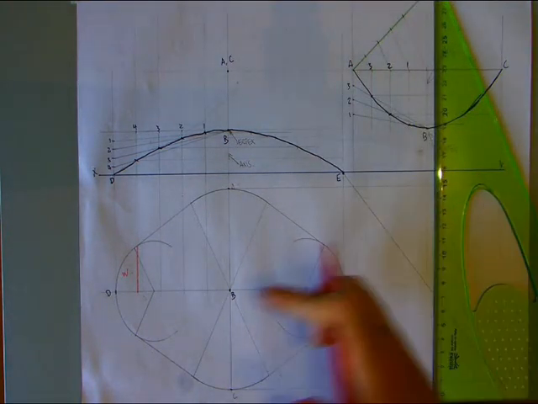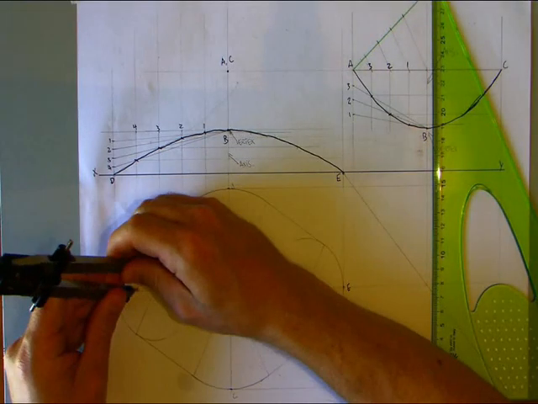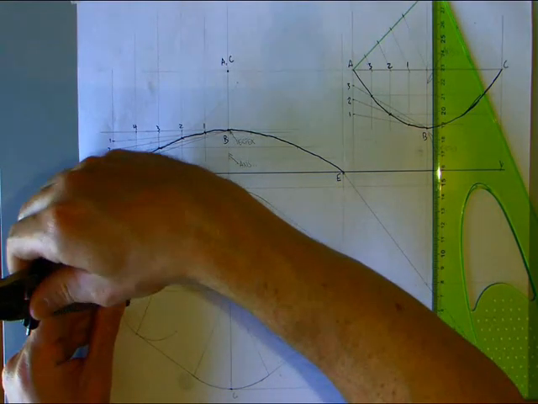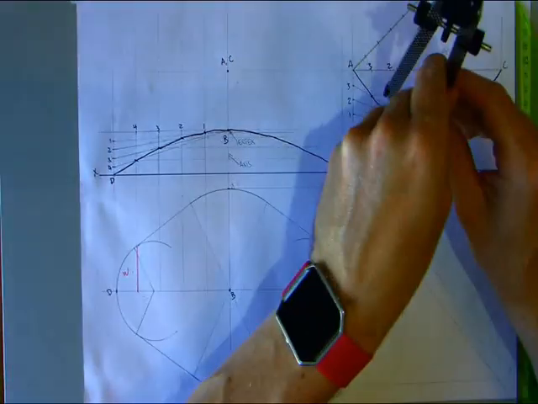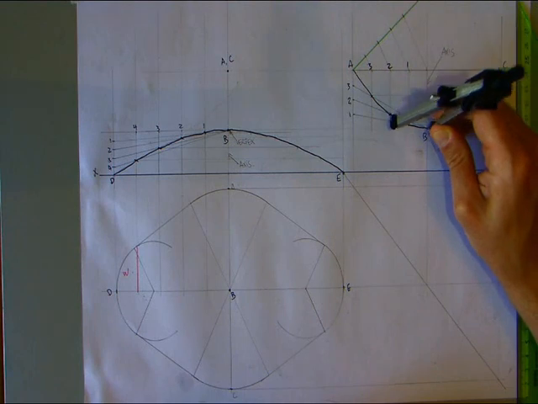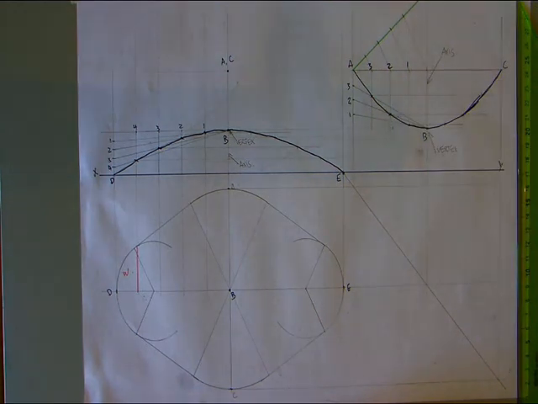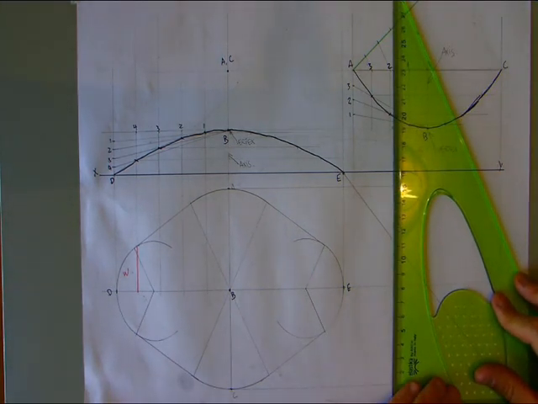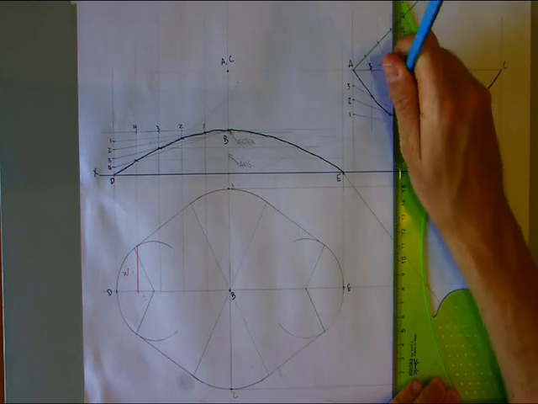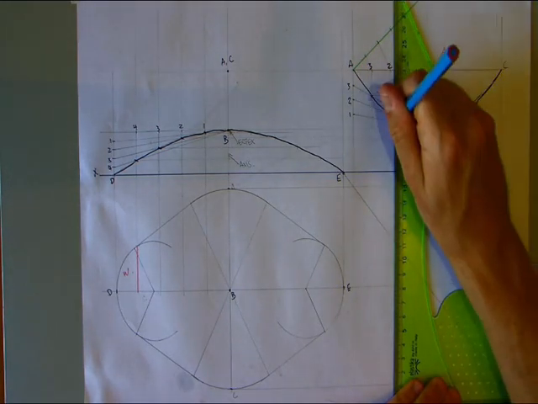So this width, which I'm going to now take a measurement with my compass, this width measurement, if I use that width onto my drawing, the blue pencil line then is going to find me a height.